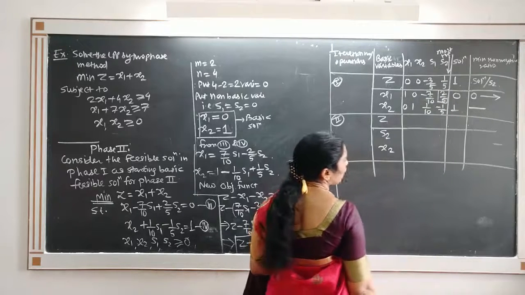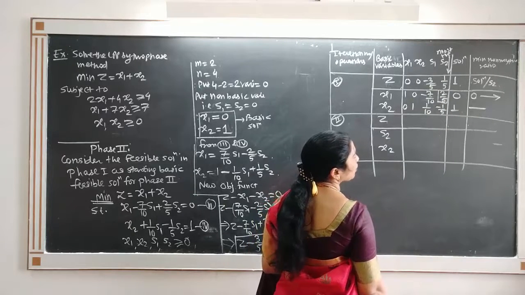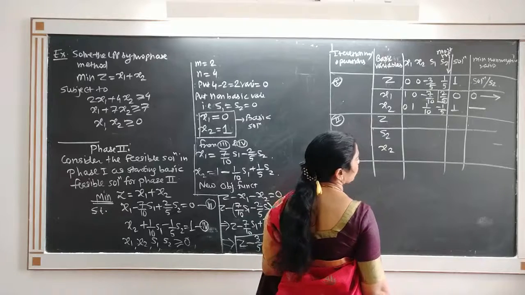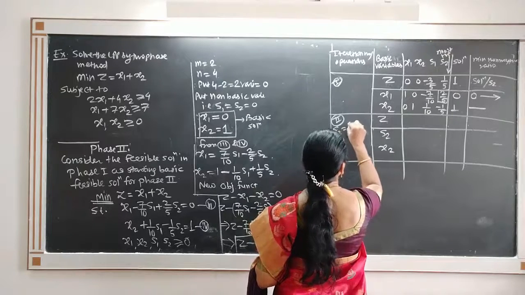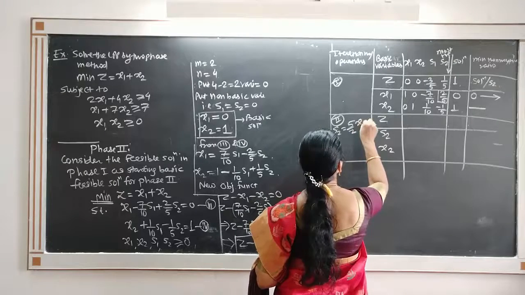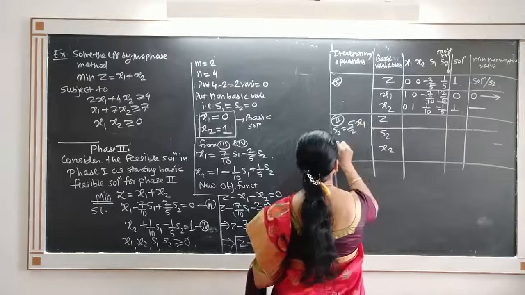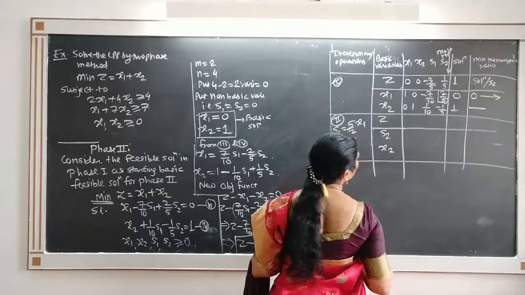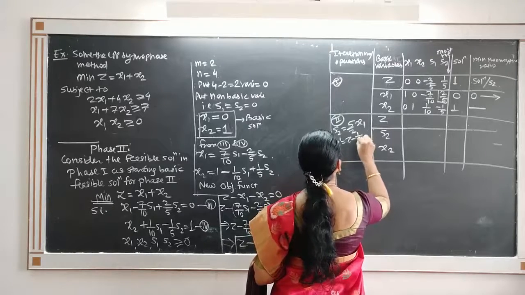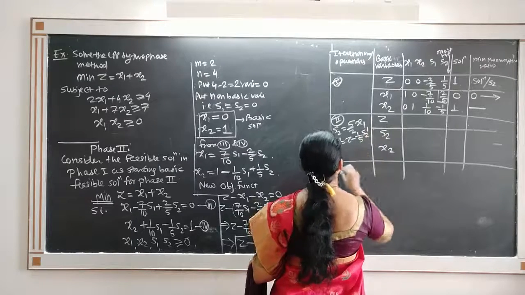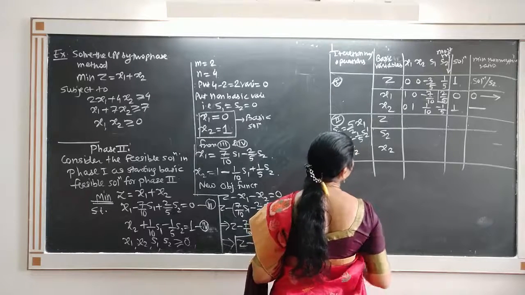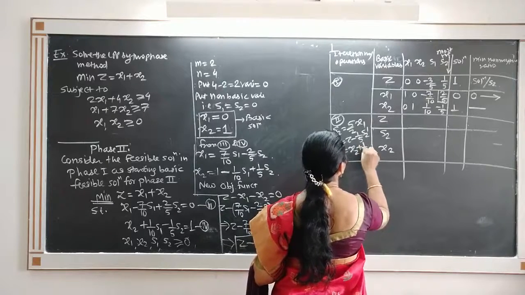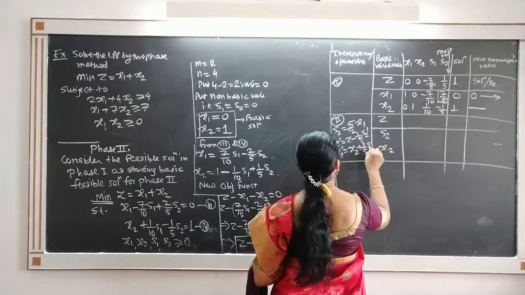Make this 1, and with the help of that make others in that column to be 0. So the first operation becomes S2 is equal to 5 by 2 times x1 row. Z row is equal to Z row minus 1 by 5 times S2 dash, and new x2 row becomes original x2 row plus 1 by 5 times S2 dash.